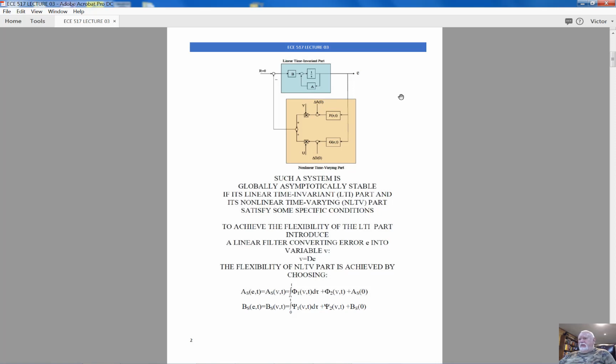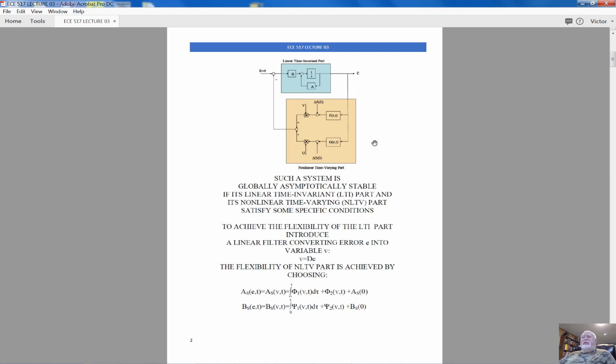Global asymptotic stability. Now, how do we achieve global asymptotic stability for our nonlinear system? Fortunately, control engineers, control mathematicians came up with a very special approach for addressing this problem, and we will utilize this approach.